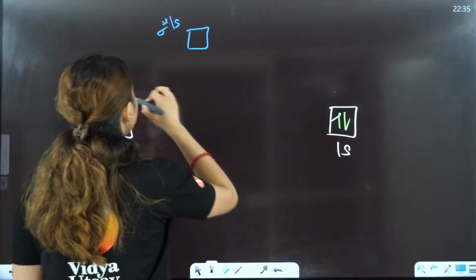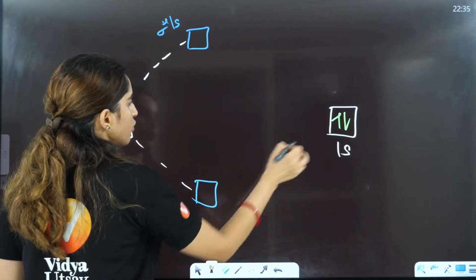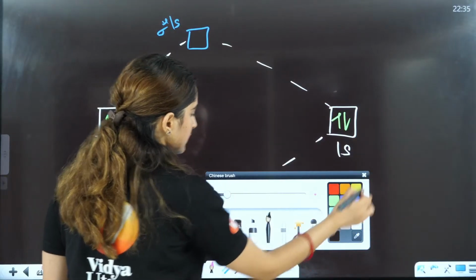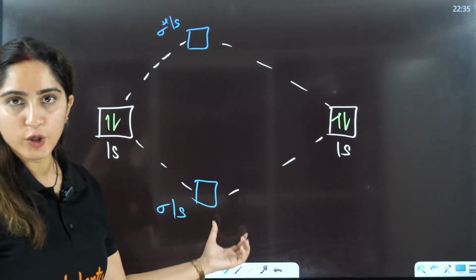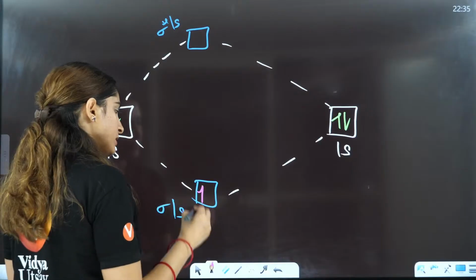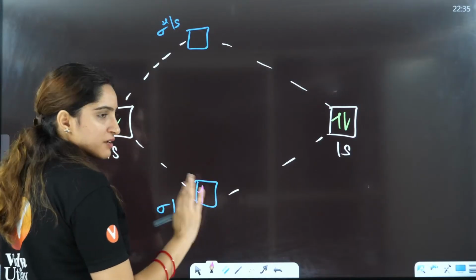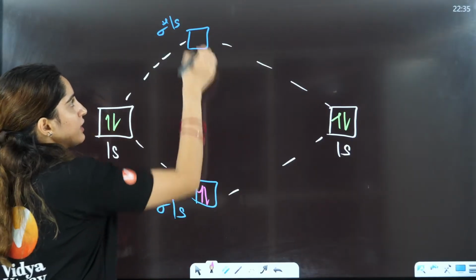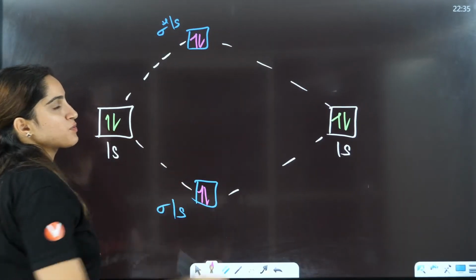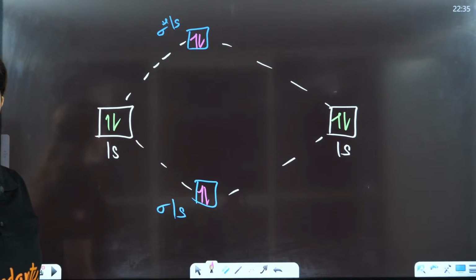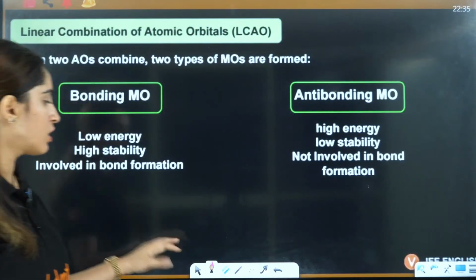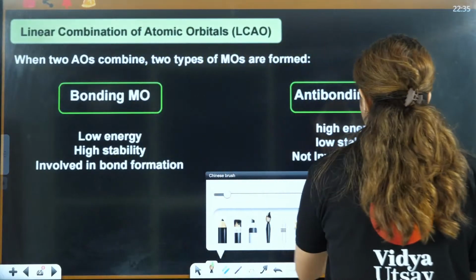They are combining to form these 2 orbitals. Now, how will you fill the molecular orbitals? Firstly, this is at lower energy, so you will fill here. Then because degeneracy is not there with any other orbitals, you will fill here. Then you will fill this one and this one. Okay? Understood? Now, let's talk more about these orbitals.